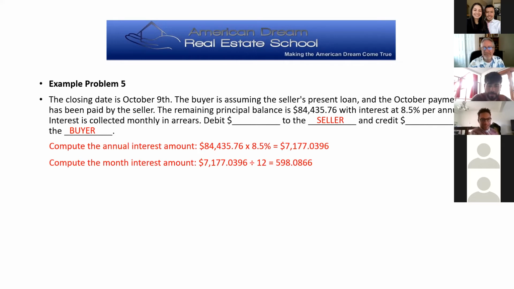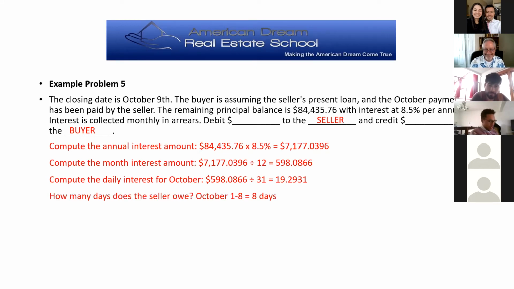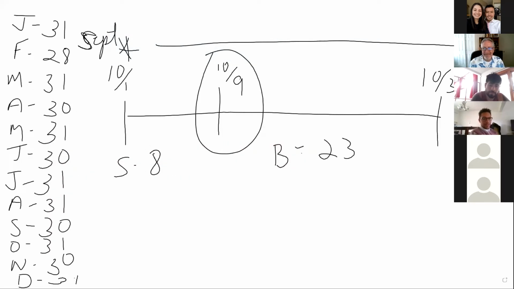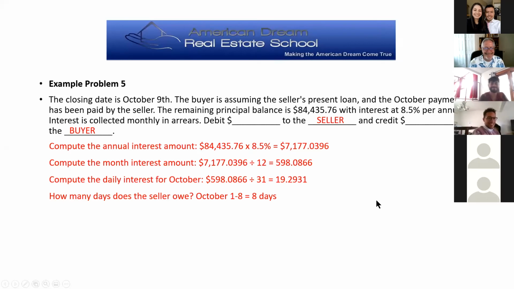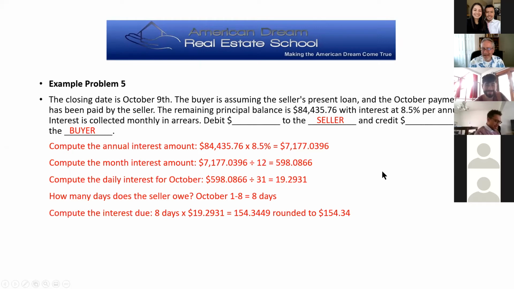So then you divide that monthly by the month that you're in, which is 31. And then you times that by the person you're debiting, which is the seller, which is 8. Right. Oh, that makes much more sense when you think about it that way. I think you got it.